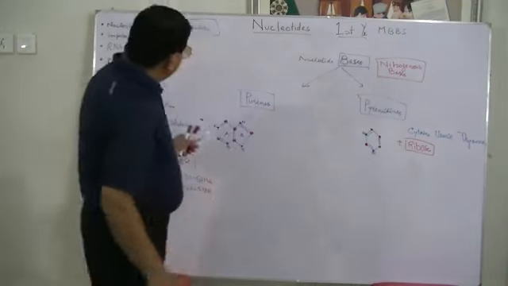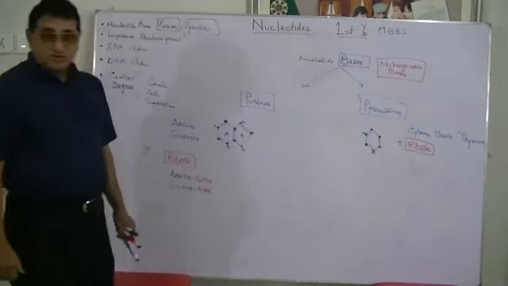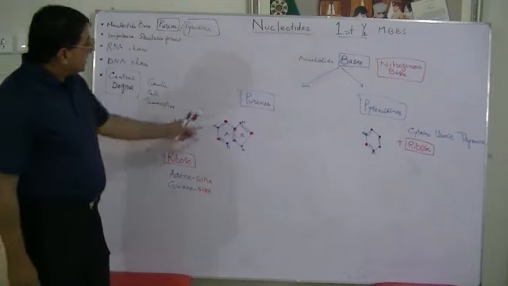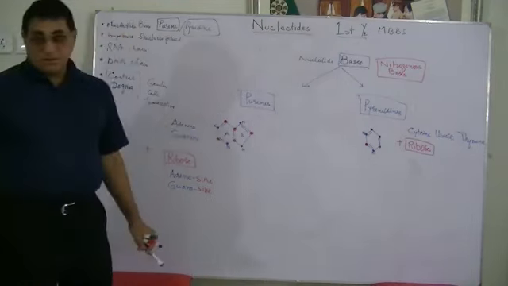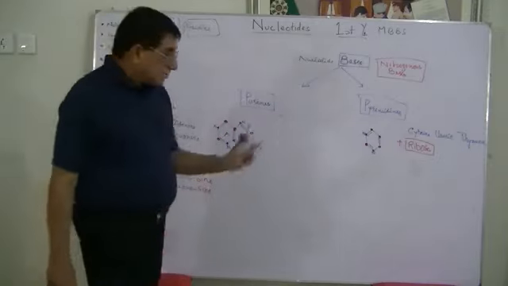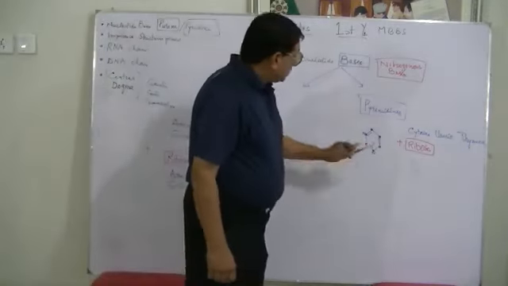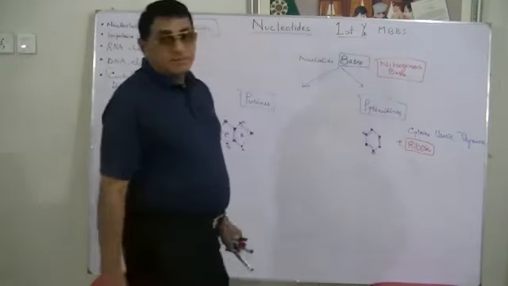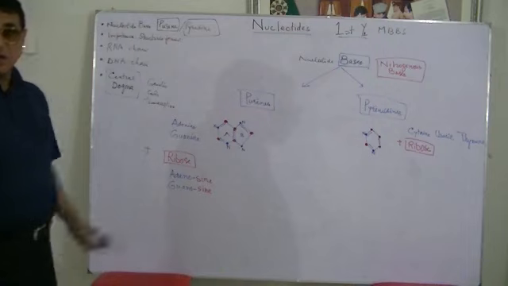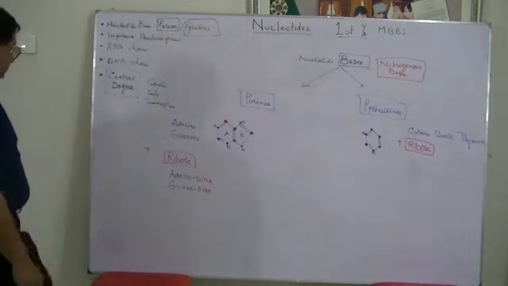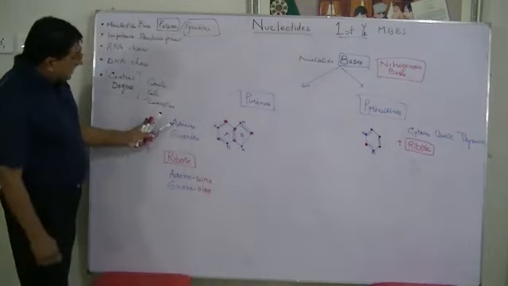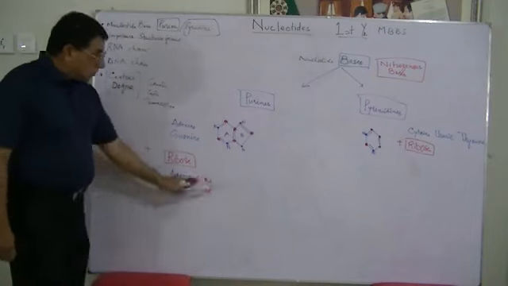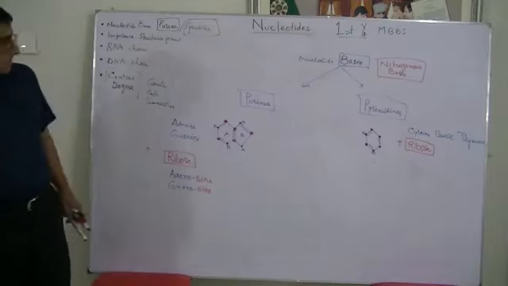Now, in purine you have got two nitrogens over here and two nitrogens in B ring, while in pyrimidines there is only two nitrogens, and you have got carbon atoms over there. Adenine plus ribose, adenosine. Guanine plus ribose, guanosine. Okay.